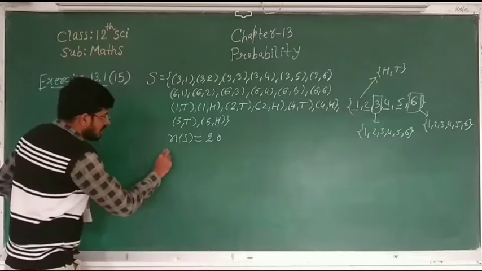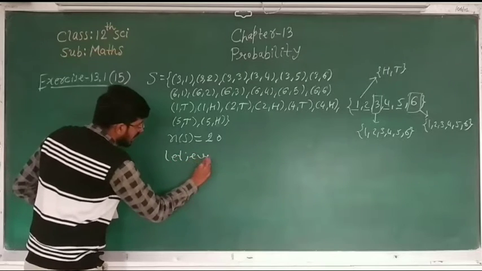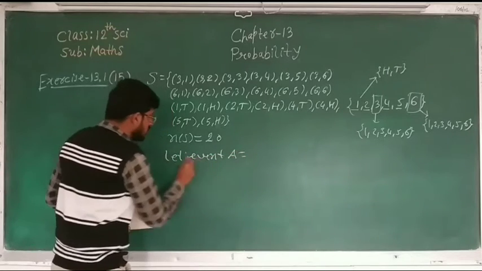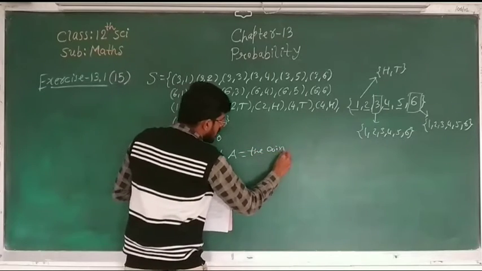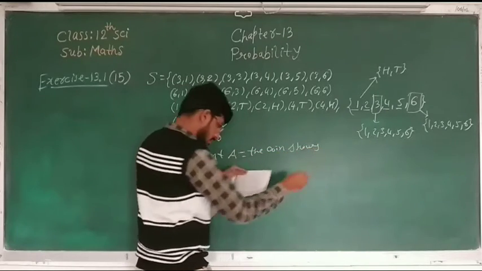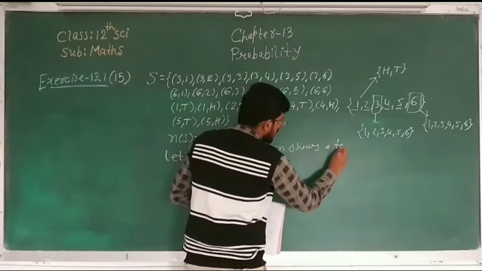It means let event A be the coin shows a tail.